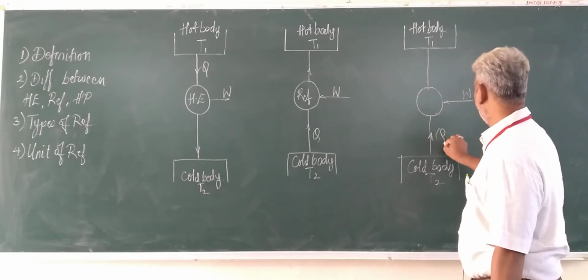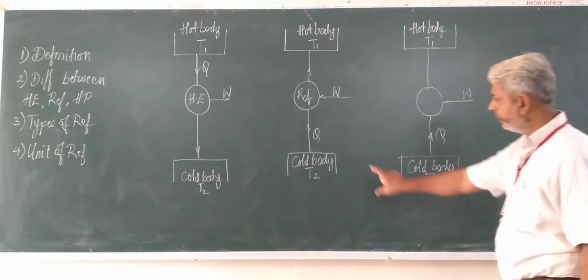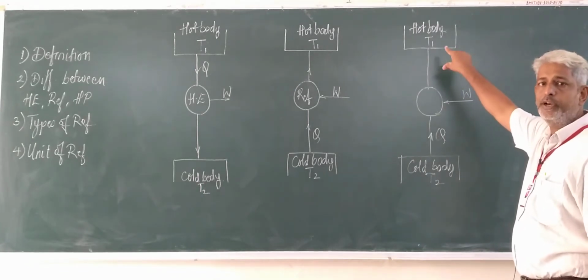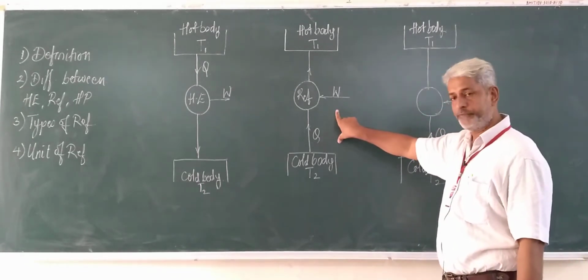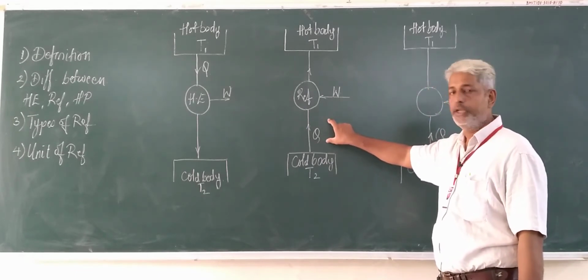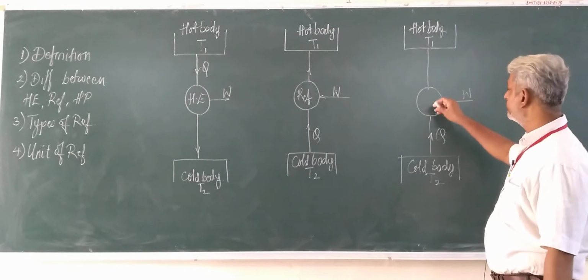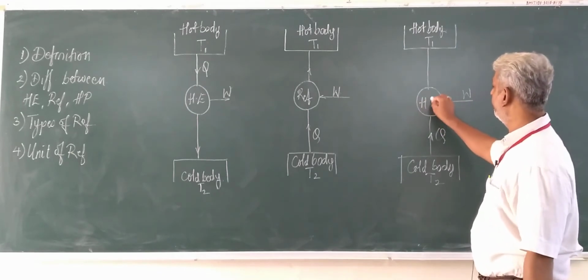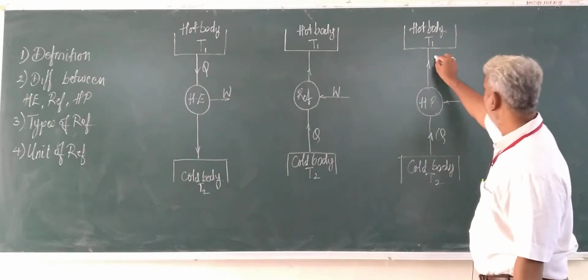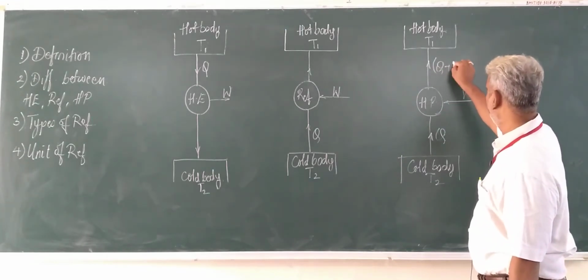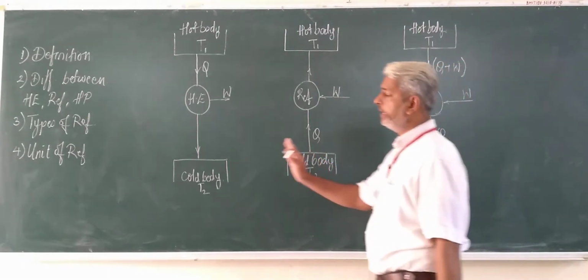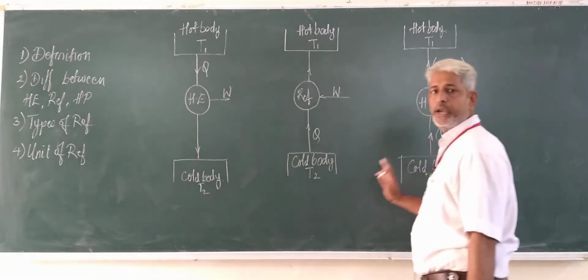Only thing is that instead of removing the heat, you supply the heat, just note the difference. Over here in the refrigeration system we are removing the heat. The final effect is removal of heat. This is called a heat pump. In the heat pump, rather than removing the heat, we are supplying the heat to the hot body. So in effect this will be Q plus W. So this is the basic difference between a heat engine, refrigeration system and a heat pump.